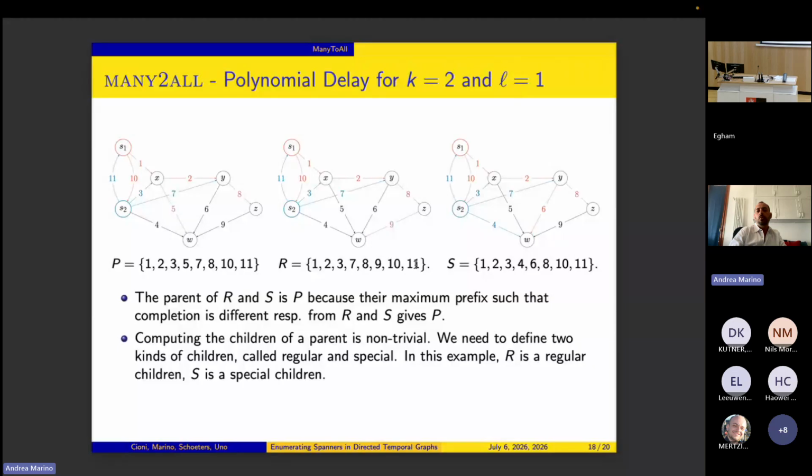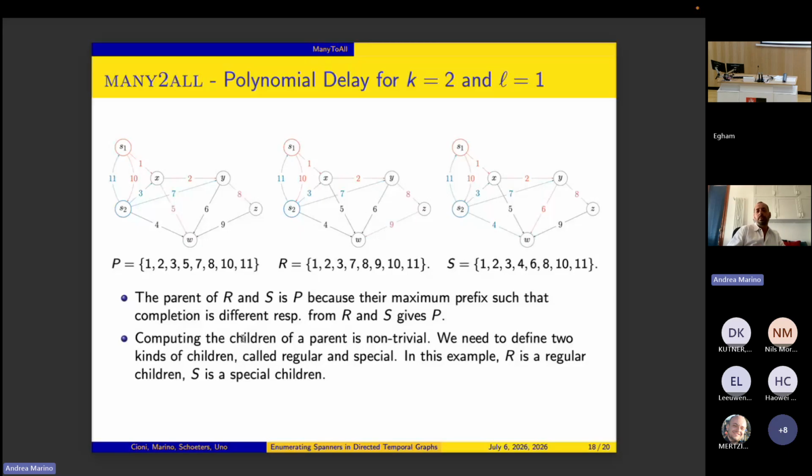If I do completion from here, from here, from here, basically I always obtain R. But if I do completion from 3, for instance, I get something else, and I get P. The same is happening for S. So it's actually the first time, starting from the right, where I apply the completion procedure and obtain something different. So this is basically defining the parent given a child.